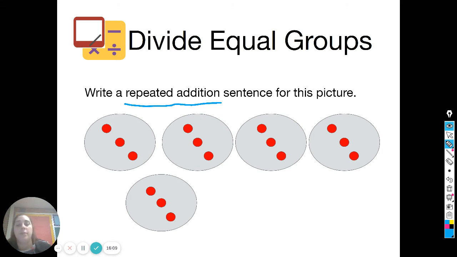Notice that there's 5 groups, so we're going to have 5 blanks. Blank plus blank plus blank plus blank plus blank equals blank.